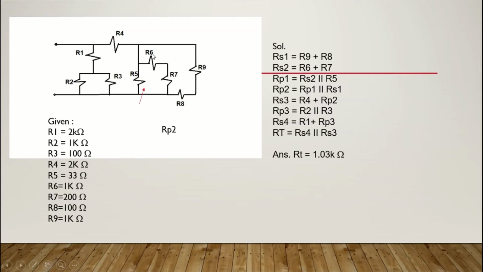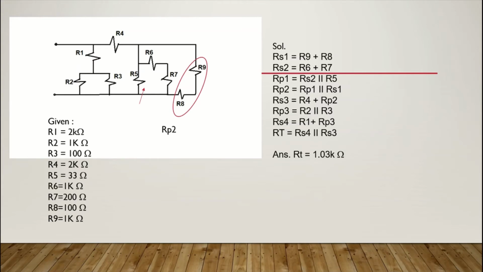Pero kung saan yung circuit na, dun tayo mag-start sa innermost. Kumbaga, yung kung saan yung complicated, pwede nyo yun yung unahin. Tapos saka dun sa labas. Pero mas madali kung dito tayo magsimula sa rightmost.